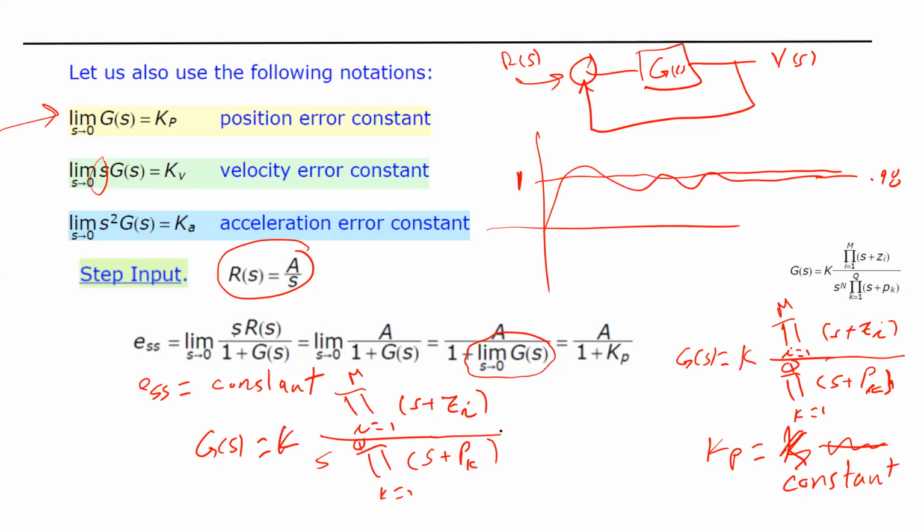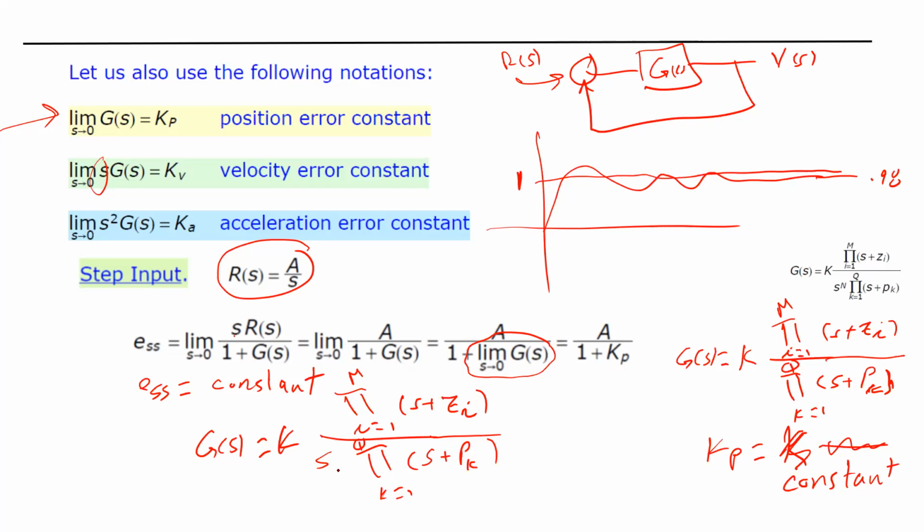What will be Kp in this case? It will be infinity. And the steady state error will be zero. This is perfect. That's what you want, to eliminate the steady state error.